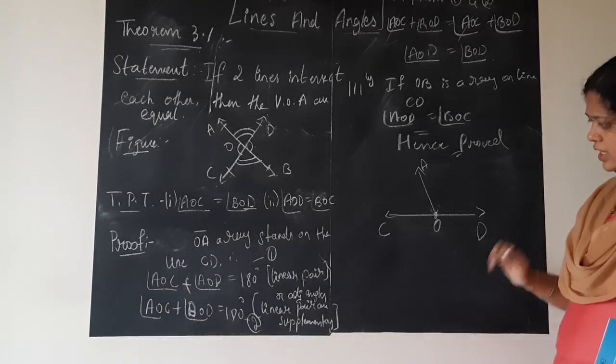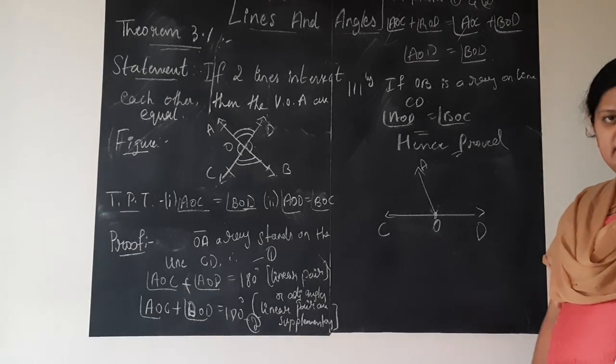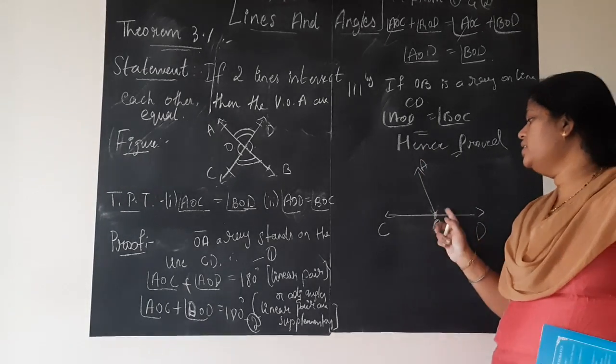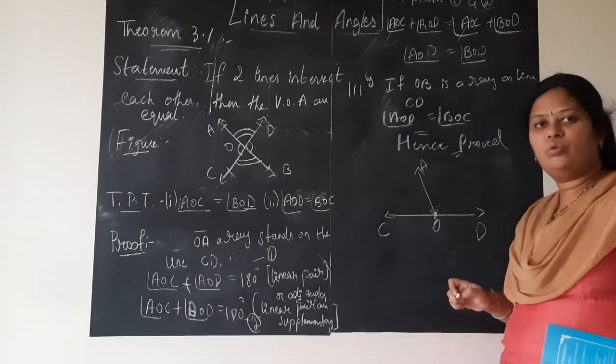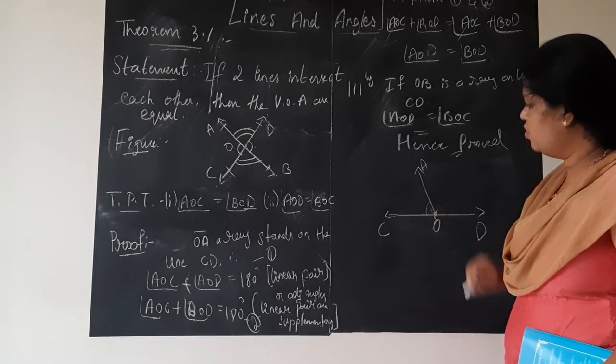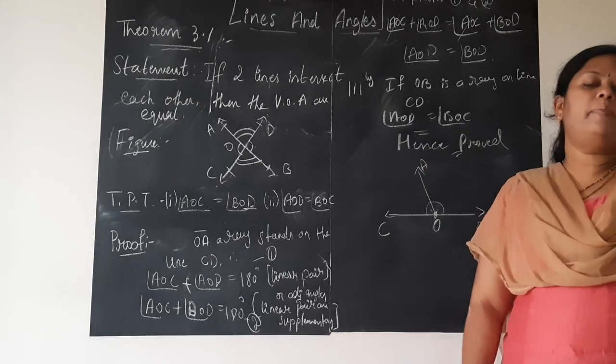If we think that OA is a ray standing on the line CD, then this ray will give rise to two adjacent angles. Which are they? Angle AOC is one angle, angle AOD is the other.